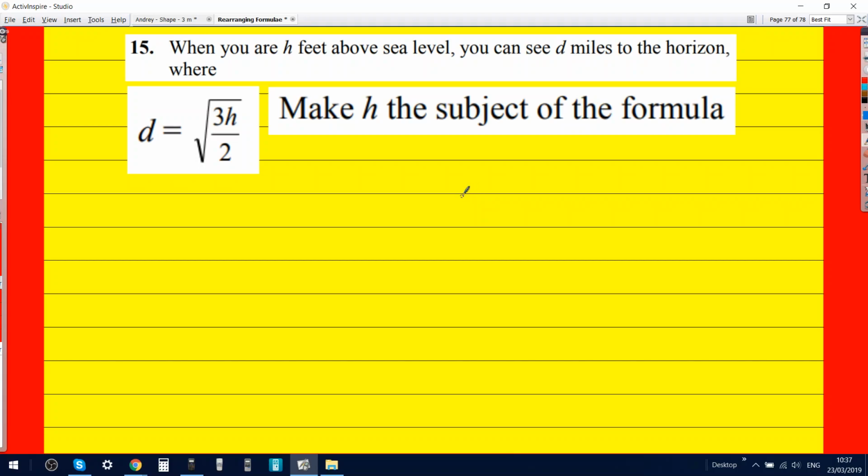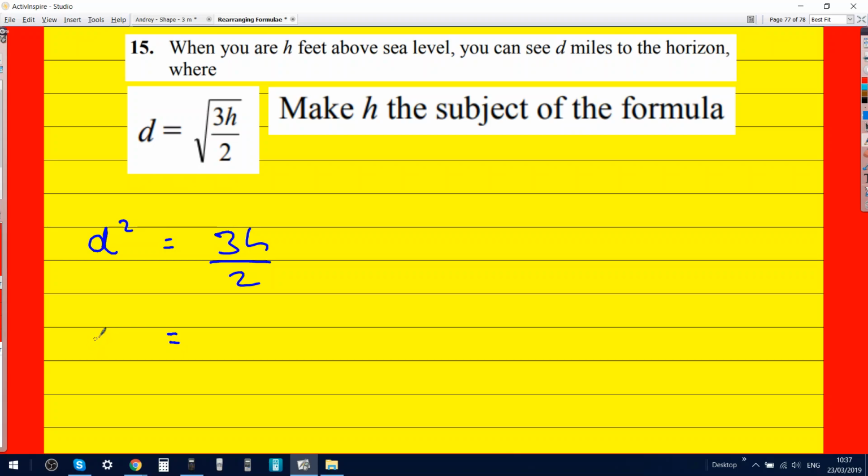Yeah, squared. So whatever d is, that's the square root, so it'd be d squared. Correct. Then that will leave 3h over 2. Then you would have to times by 2, so it'd be d squared times 2.